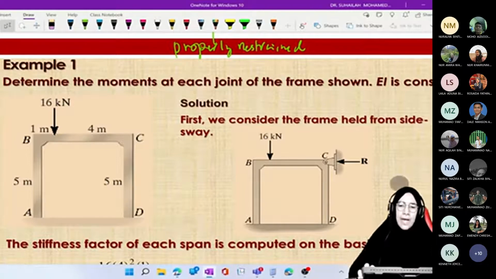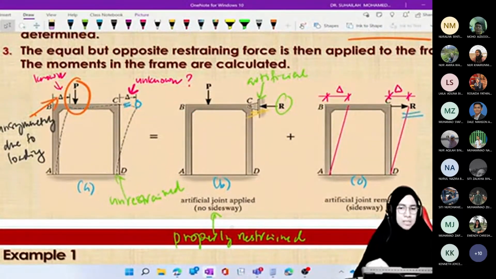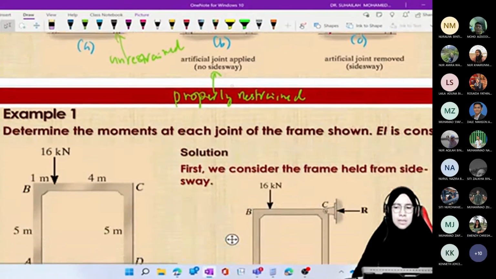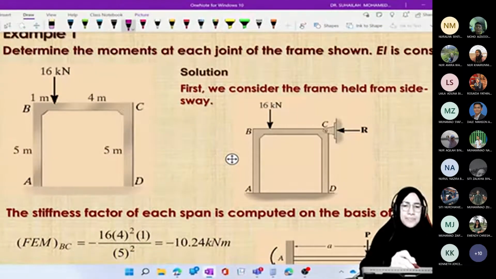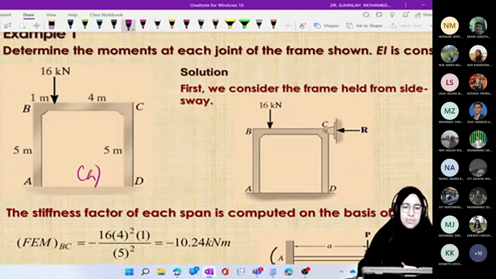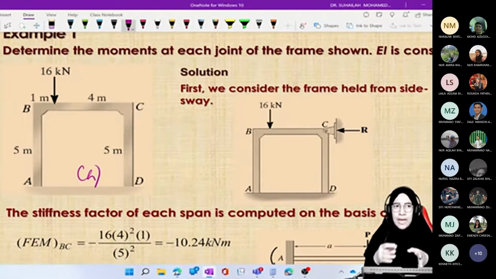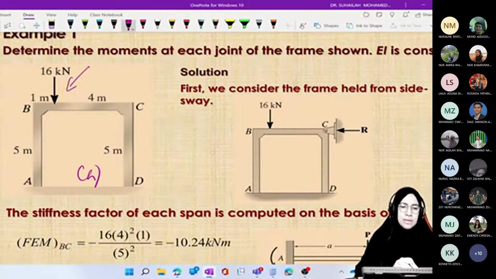Okay, so actually it is like this. It is the same thing. This will be diagram A, the original. The original is a combination. By looking at A, it is unsymmetrical due to loading.